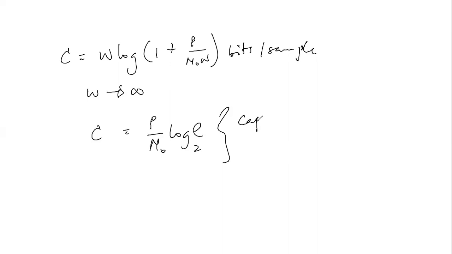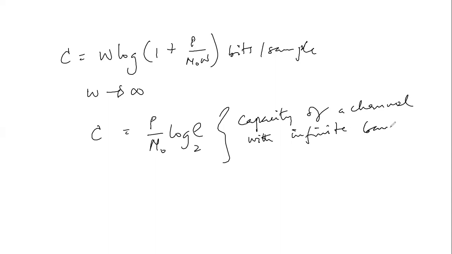This is the capacity of a channel with infinite bandwidth. So you observe that the capacity grows linearly with power. You see, the capacity is directly proportional to the power. So as you increase the power of the signal, then the capacity of the channel equally increases.